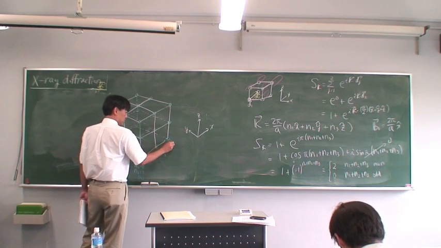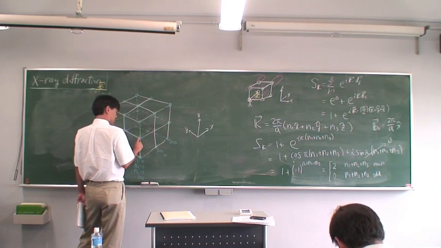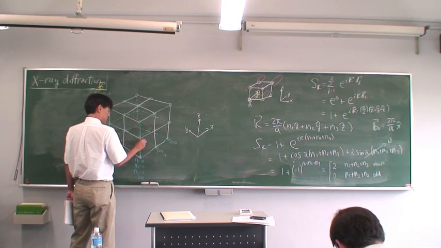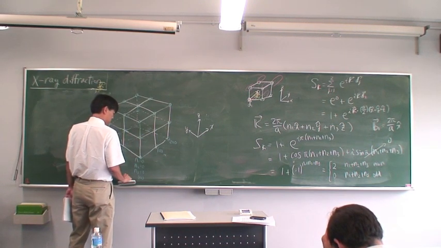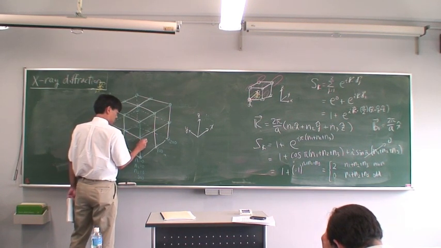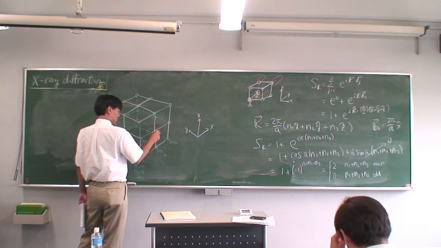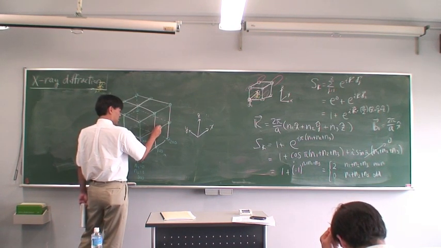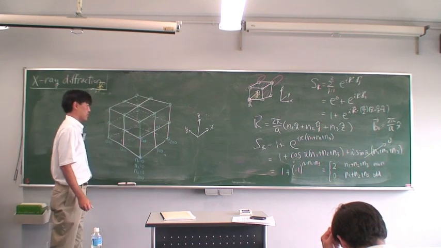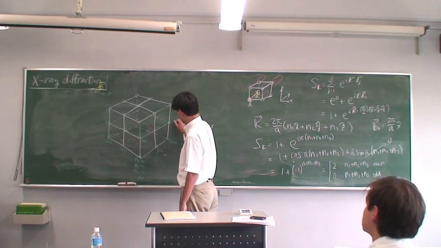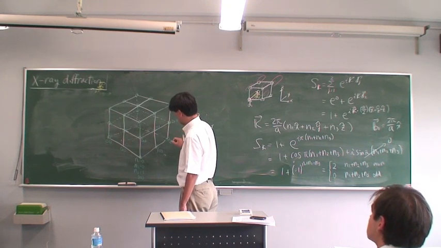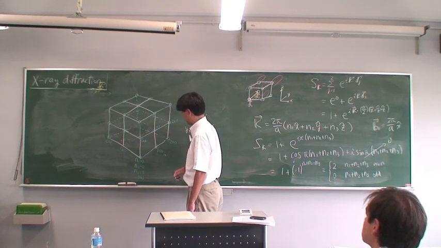This is 2, 0, 0. Sorry, this is 0, 0, 1. This is 1, 0, 1. And this is 2, 0, 1.